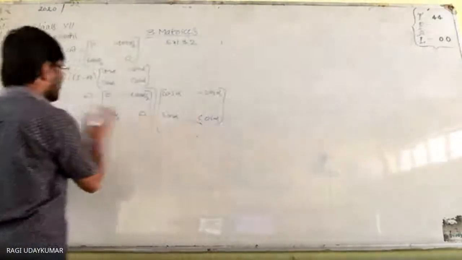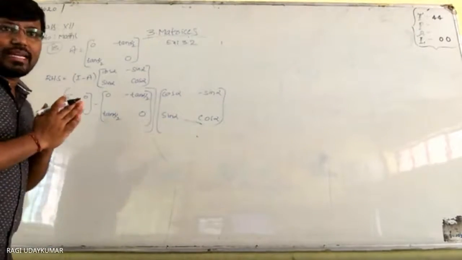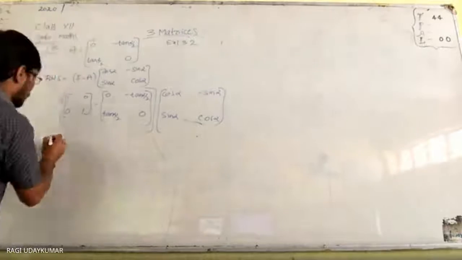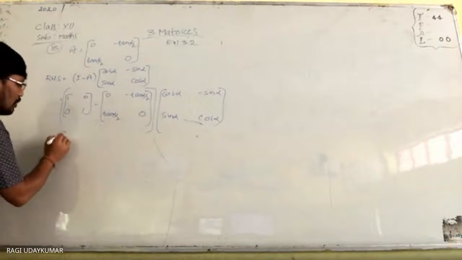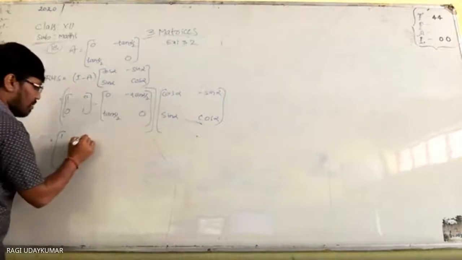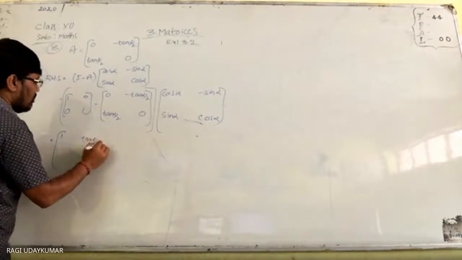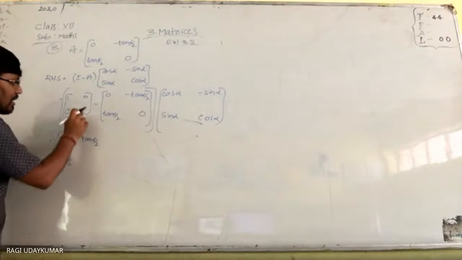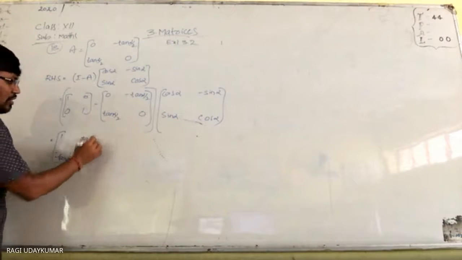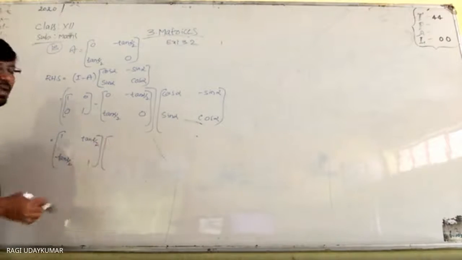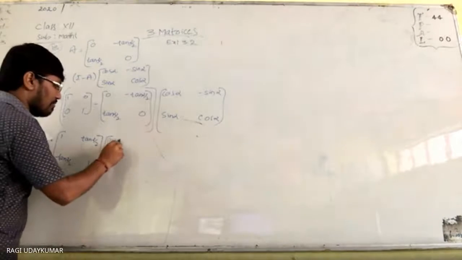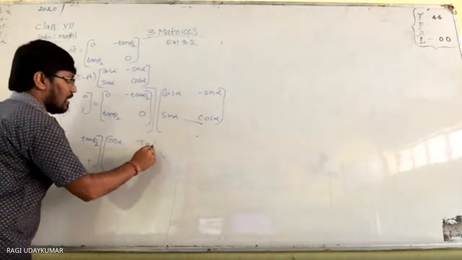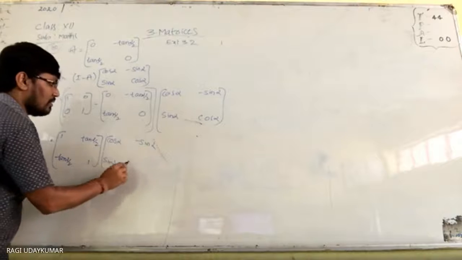So first you make this a single matrix. What do you get here? 1 minus 0, 1, 0 minus tan alpha by 2, 0 plus tan alpha by 2, 1 minus 0, 1. This matrix should be multiplied by cos alpha, minus sin alpha, sin alpha, cos alpha.